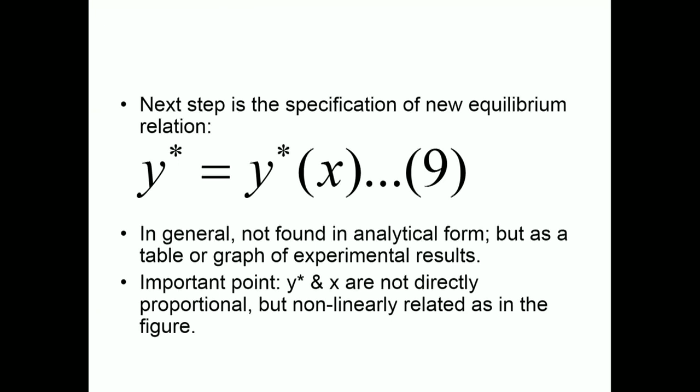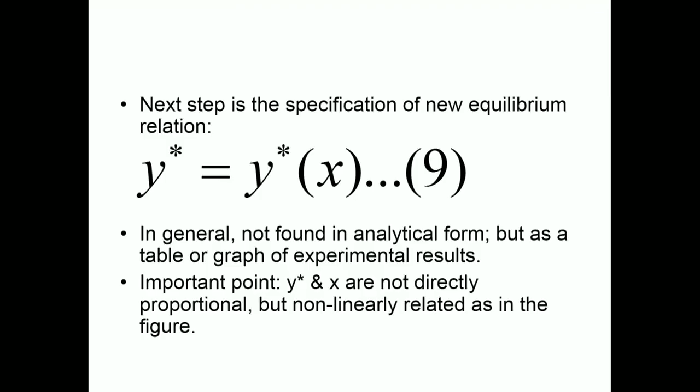Remember, the equilibrium relation is not available as an equation; data on equilibrium are given to us. That is one equation of the 3 you require. The second is the total solute mole balance written on gas and liquid together on a differential height delta z, which gives you, after integration, the operating line. And the third key equation, if you recall, is the solute mole balance only on the gas phase or only on the liquid phase, whatever you choose.